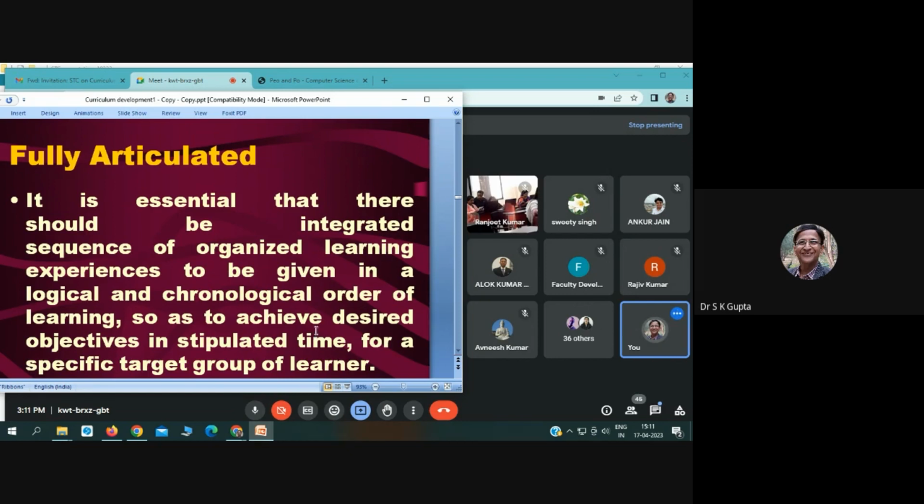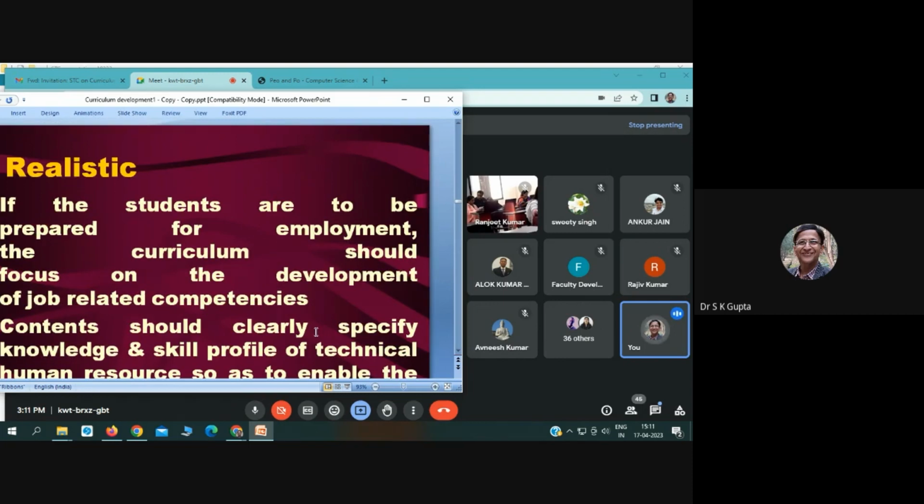Then it should be realistic. Realistic means that whatever curriculum we prepare should be feasible to implement.